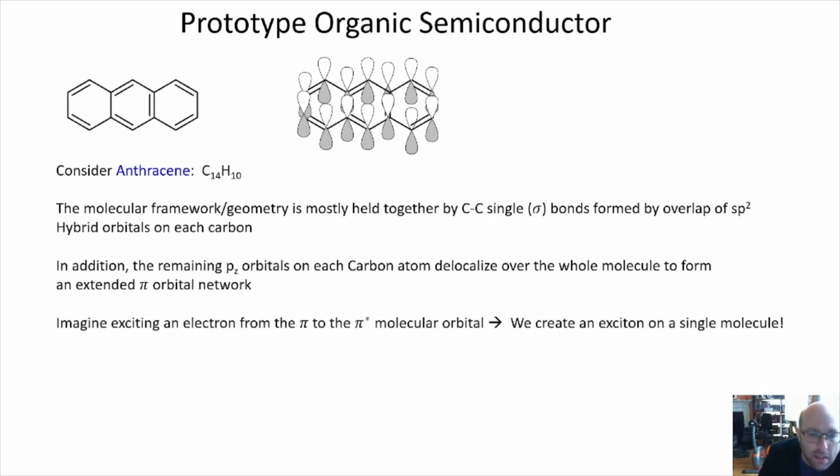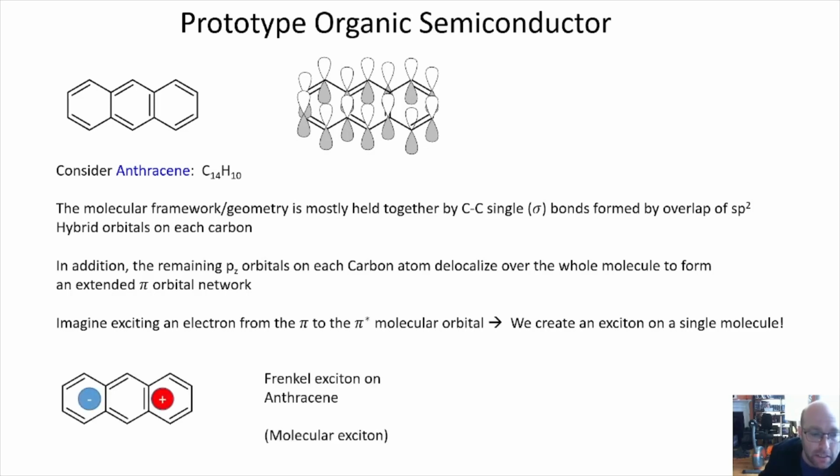And so then the idea is, within that pi network, you imagine the lowest excitation going from the pi, say, bonding orbital to the pi star anti-bonding molecular orbital. And if you do that, what you've essentially done is to create an exciton on a single molecule.